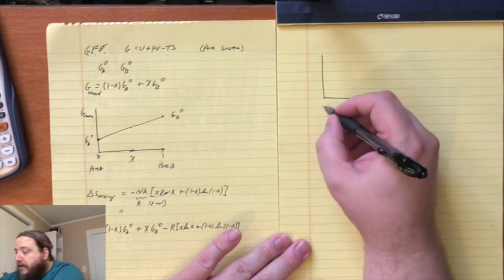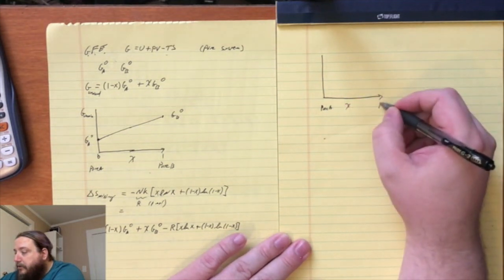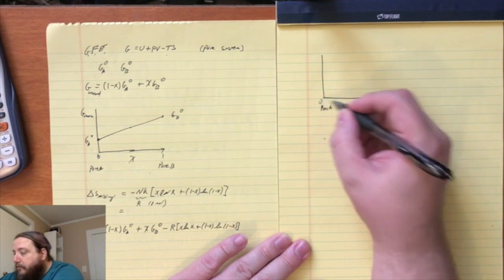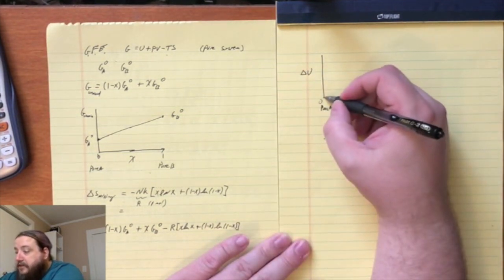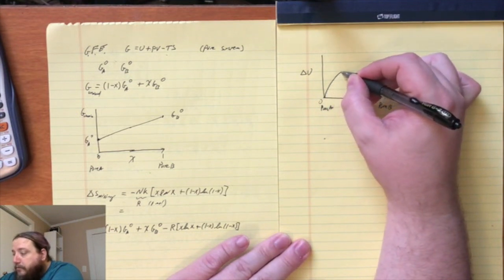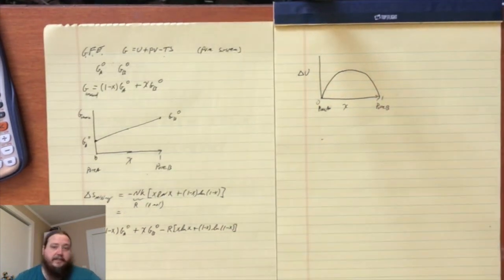If our fraction is pure A on the left and pure B over here on the right from 0 to 1, then the change in the energy in going from mixed and unmixed is going to be something like that.